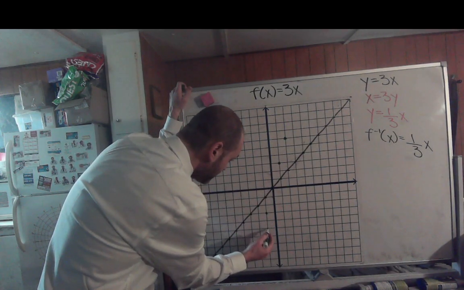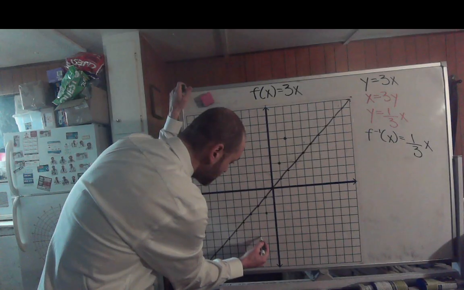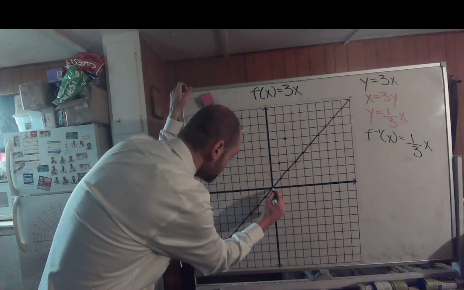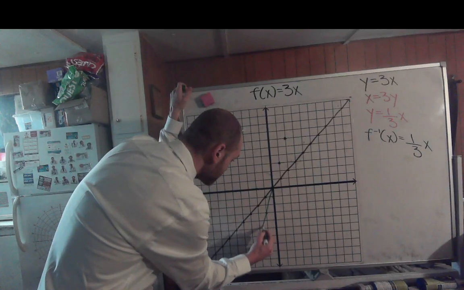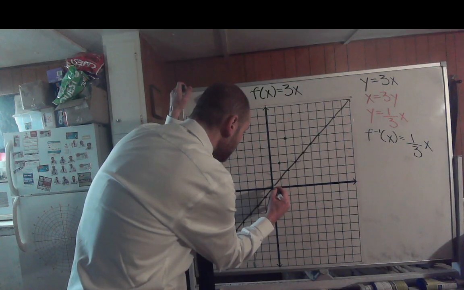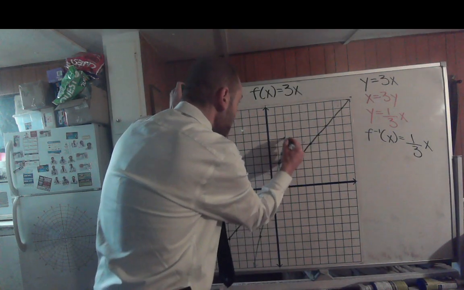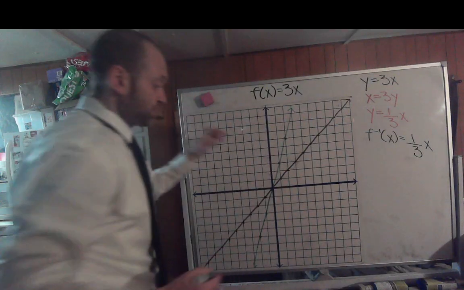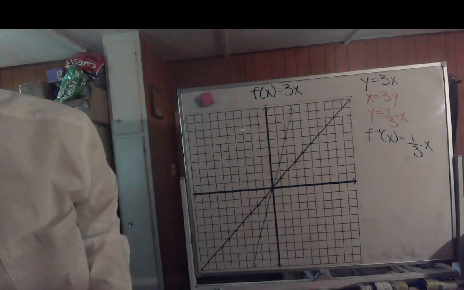At -2, you would get -6. I think that's sufficient points. So there's my f of x in green.